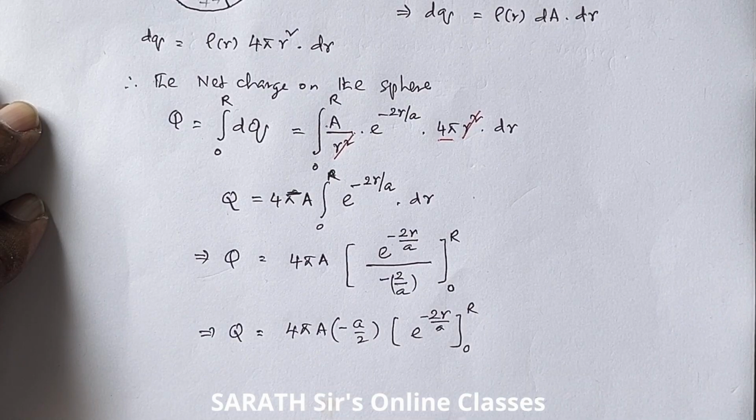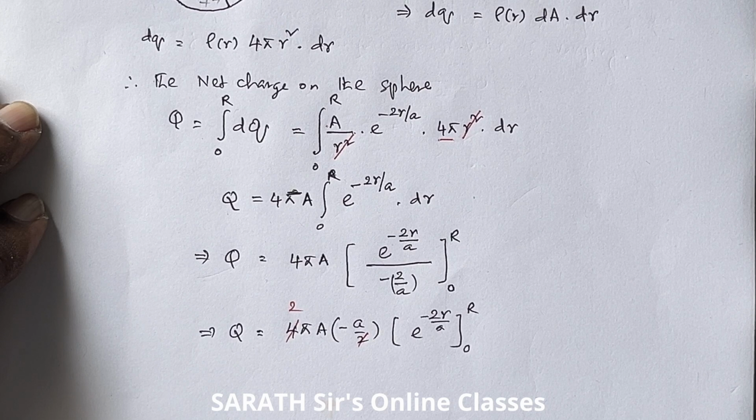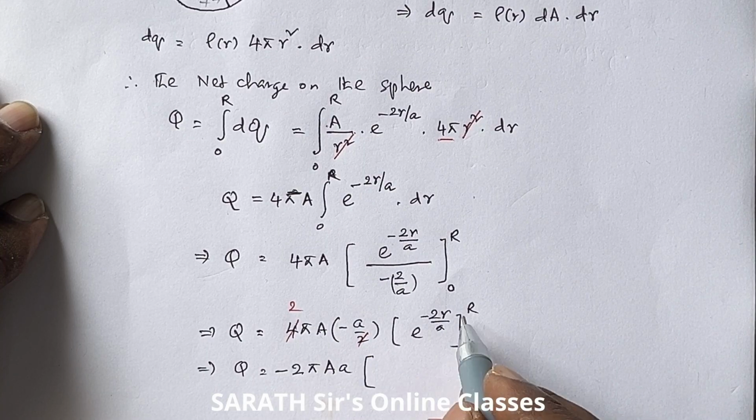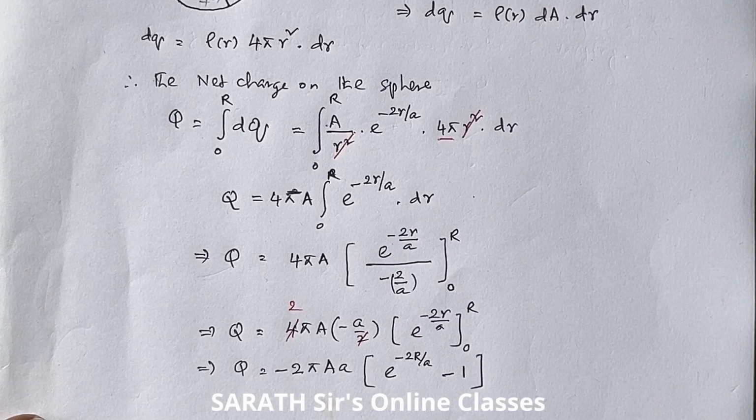Here it goes 2 1s, 2 2s. So that implies Q is equal to 2 pi capital A small a, minus will be there here, and first upper limit we substitute, e power minus 2r by a, lower limit e power 0, that is 1. So this is the integration.